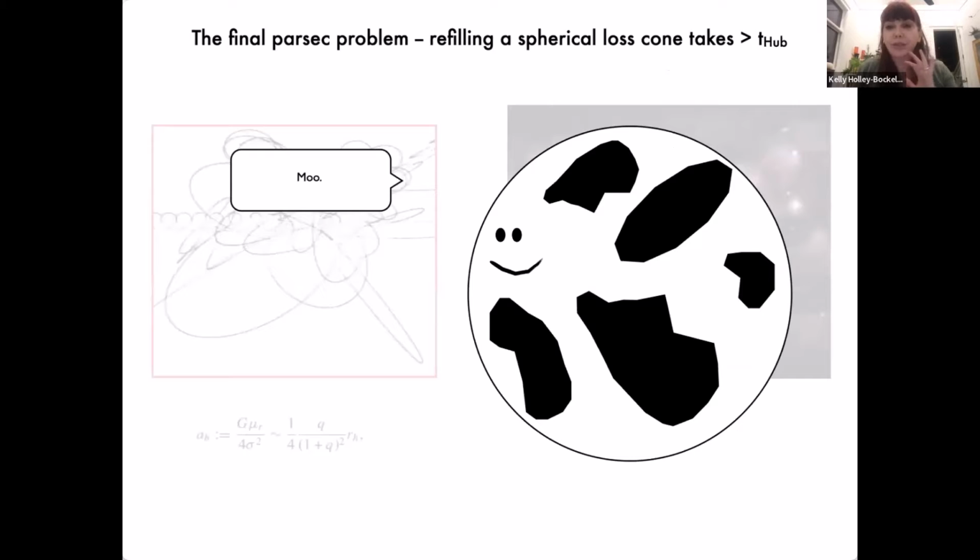So just to let you know, this thing that you may call the final parsec problem really isn't a problem. What it means is that you've made a system, or you've assumed that your black holes are orbiting in a system that is spherical and static and so forth.